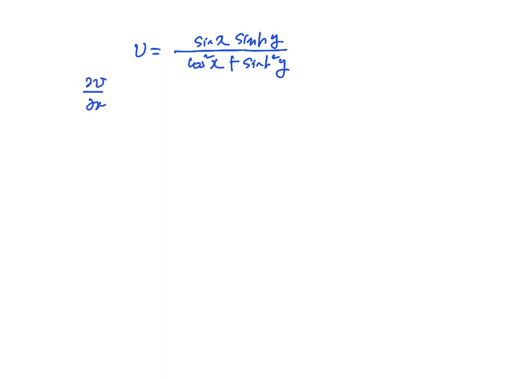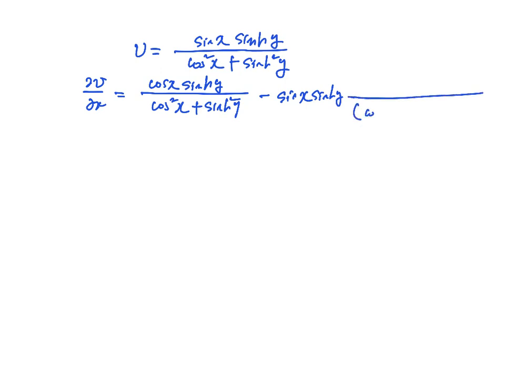Partial x partial v. So we take the denominator first. So cosine x sine hyperbolic y, cosine square x sine hyperbolic square y minus sine x square y square, sine hyperbolic square y square. If you have a cosine, you have minus, right? Minus twice of cosine x sine x.